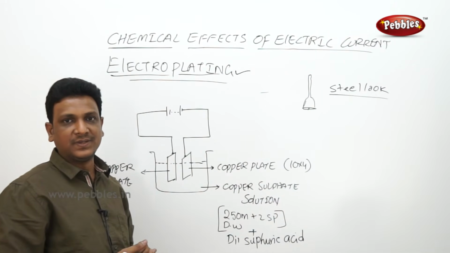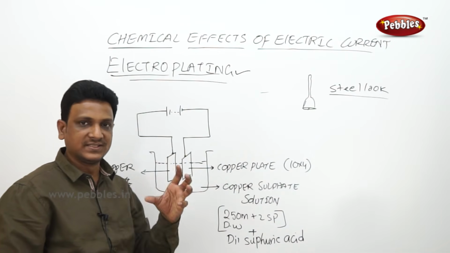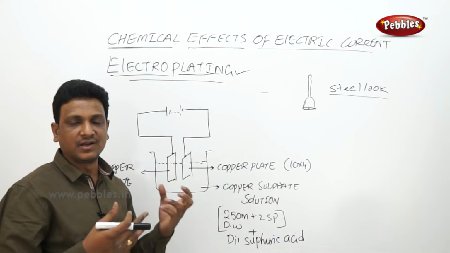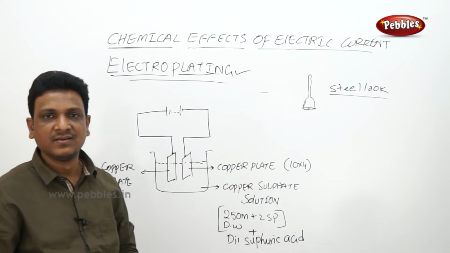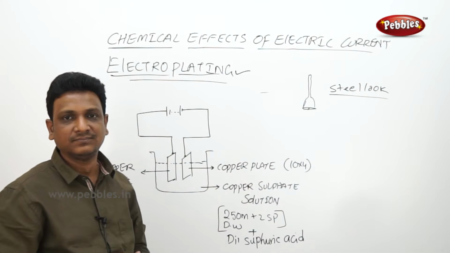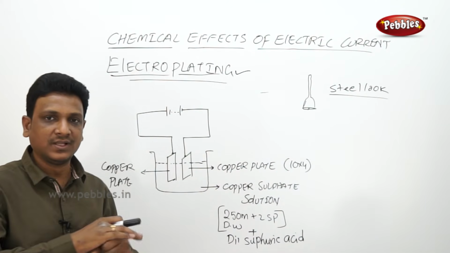By electroplating, they make many objects which have a silvery or gold appearance, but actually they are not gold and silver. Some objects appear like steel, but of course it is not steel. They get the look because some other metal is deposited on the base metal.